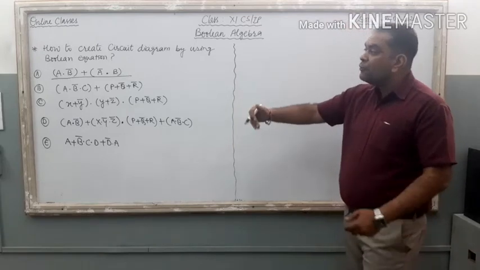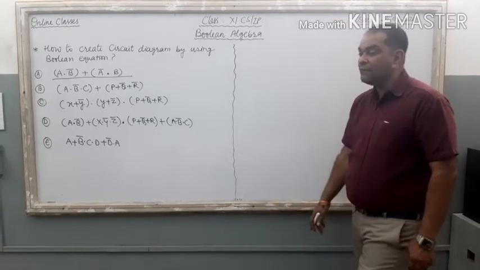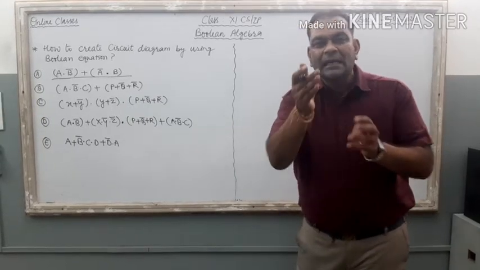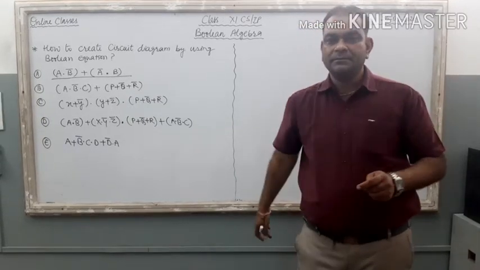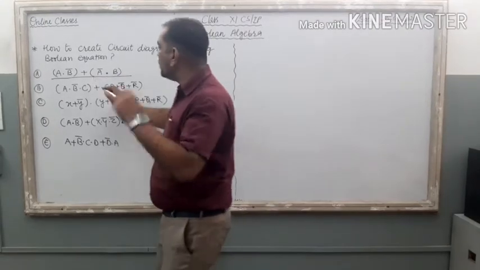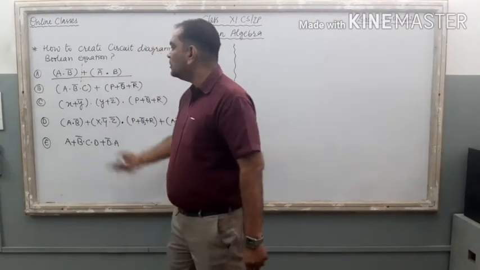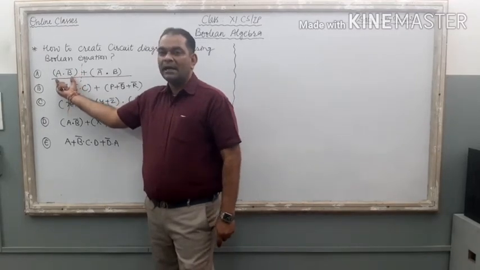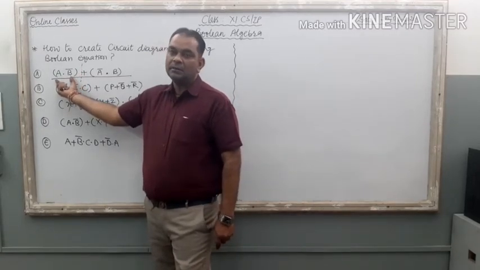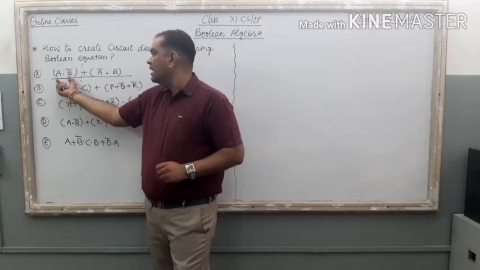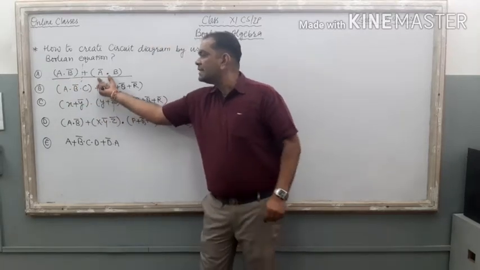If you want to draw the circuit of this equation, first you have to divide the equation into small parts. Suppose I divide this equation from here. So I get the first part, a dot b bar, or we can say a dot b dash, and the second part.